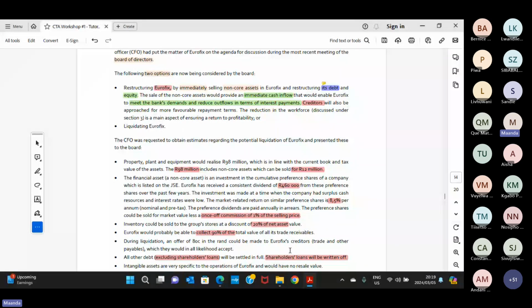Secondly, although the company belongs to the shareholders, the shareholders are last on the hierarchy, right? So if you are liquidating, it doesn't mean that the shareholder is going to realize profits, because they're last on the hierarchy of payments.